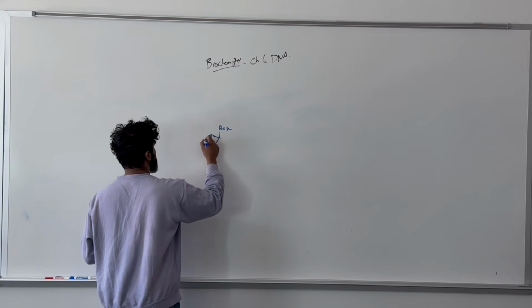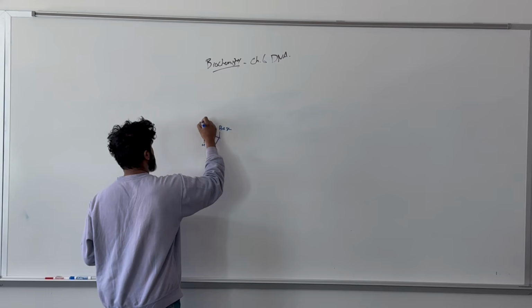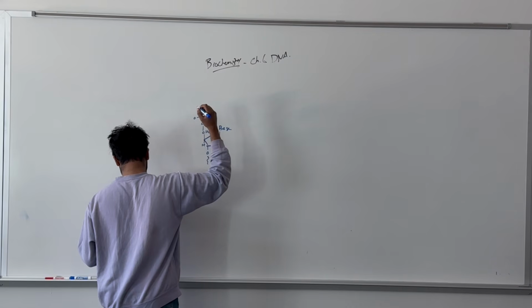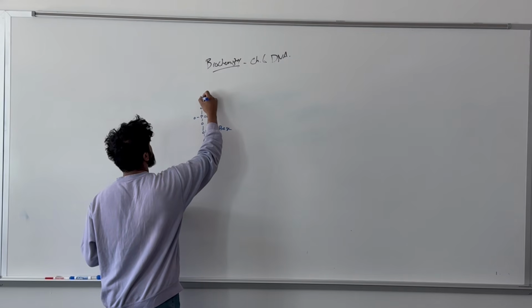We have a hydrogen here and a CH2 right here that connects to a phosphate. This phosphate will connect to another ribose sugar.